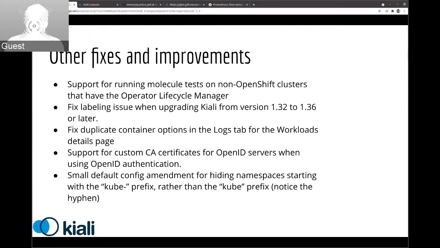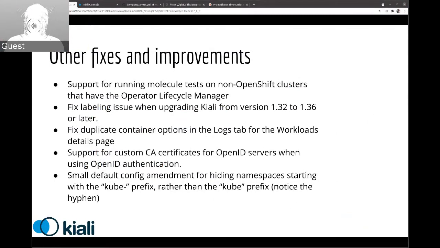This helps us cover another environment, because sometimes you might be using the operator lifecycle manager in Kubernetes, and this helps us validate that in plain Kubernetes, because OpenShift is where normally we find this manager. But you can install it also in plain Kubernetes or any Kubernetes flavor that you have, and you can take advantage of it. This helps us validate these kinds of environments.